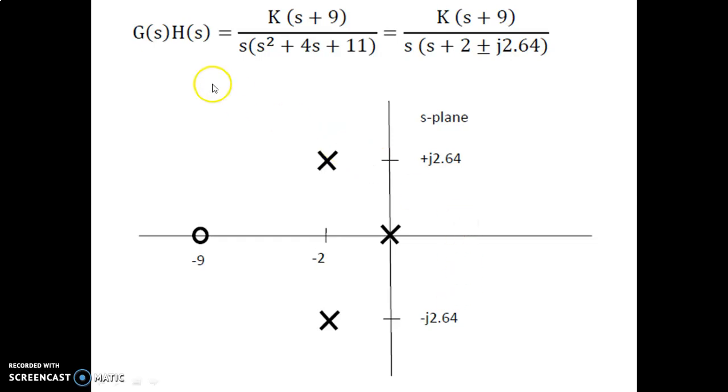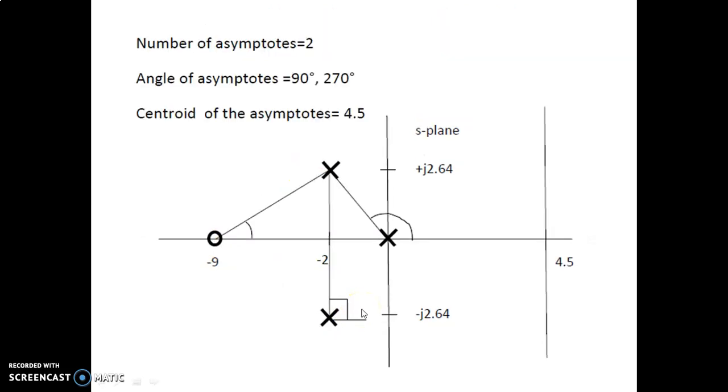The transfer function given, G(s)H(s), is k times a zero at -9, with a pole at the origin, and two complex poles. Upon finding the complex poles, they are at -2 plus or minus j2.64. This is the s-plane representation of poles and zeros: a pole at the origin, a zero at -9, and two complex poles.